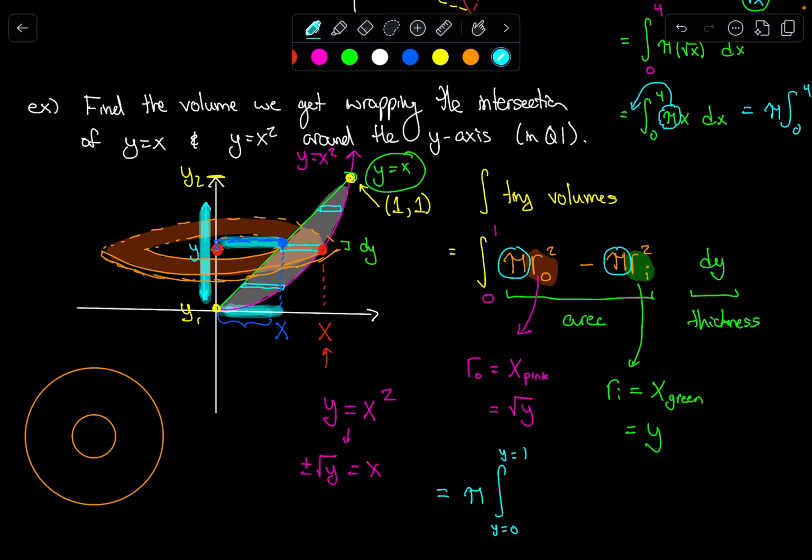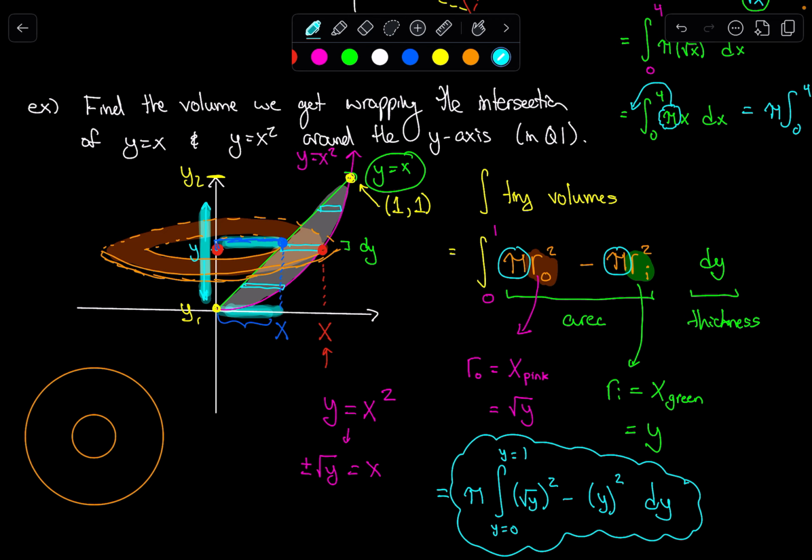And then we're going to have my outer radius squared, which is going to be my square root of y quantity squared, minus my inner radius squared, which was given by just y in this case, so y squared, and then the dy at the end, and voila, we have a fairly easy equation to work with here to get the volume of whatever this particular shape would be.